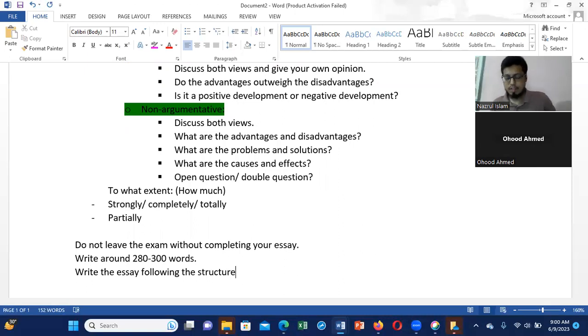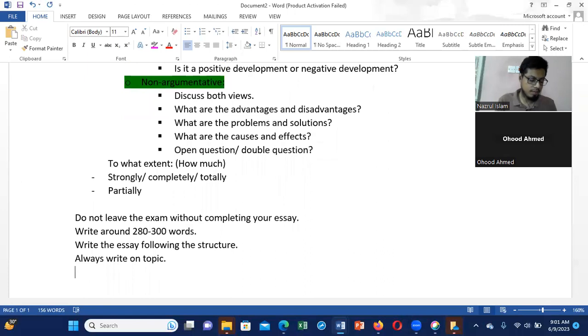And fourth thing, always write on topic. So don't leave the exam without completing an essay. Write around 280 to 300 words. Write following the structure, and write on topic.